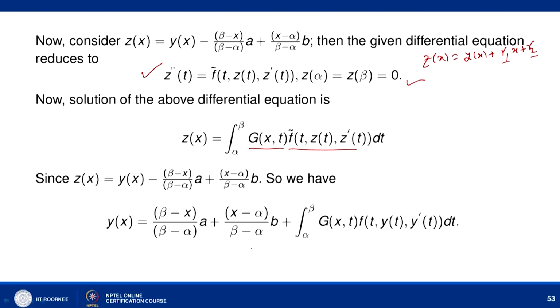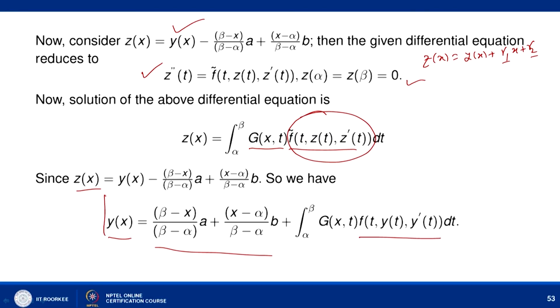Now we already know that y(x) and z(x) are connected by this formula. So using this we can write y(x) = z(x) plus this. When you write beta minus x over beta minus alpha times a and so on, plus the integral from alpha to beta of G(x,t) f tilde(t, z, z'), and rewrite in terms of x, it comes out to be f(t, y(t), y'(t)) dt.